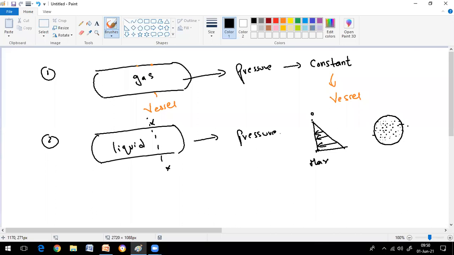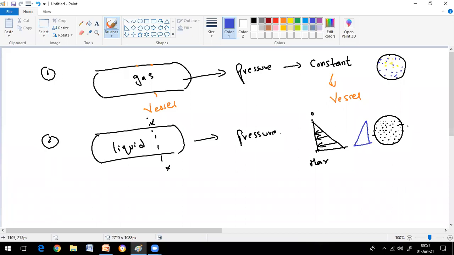Guys, please respond. Up to some level, right? When it is placed up to some level, the pressure will be 0 at the top level and maximum at the bottom level, as it is a liquid.